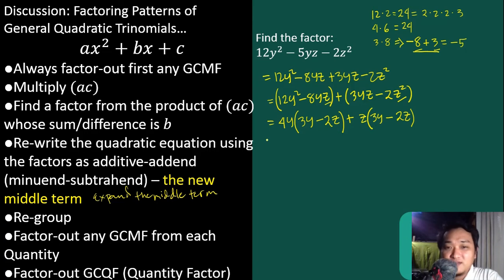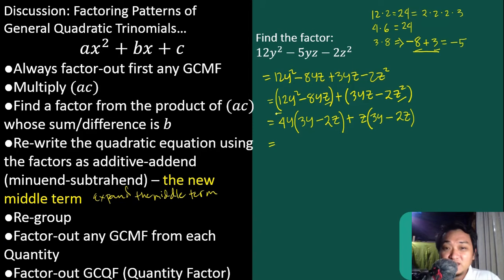And then, the last thing that we are going to do is to identify and factor out the greatest common quantity factor. So, in this case, meron tayong common quantity which is 3y minus 2z. 3y minus 2z.